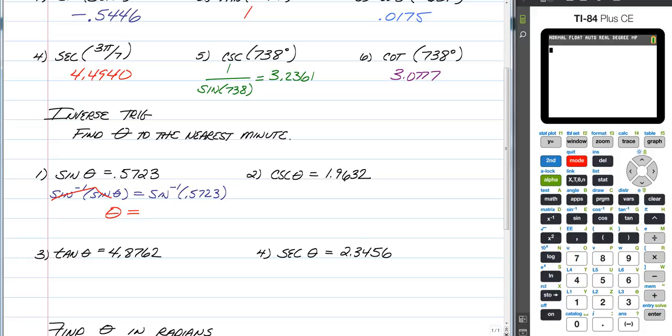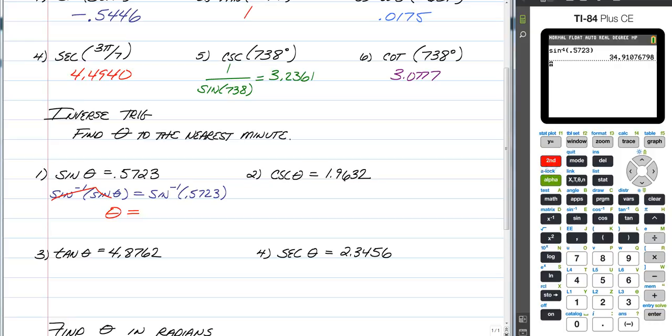So we're just going to press second sine. As you see right here, sine -1 is the second option. So second sine, and then we just type in our 0.5723, close our parentheses, click enter, and we get 34.91, but the directions told us to round to the nearest minute. Remember to do that.